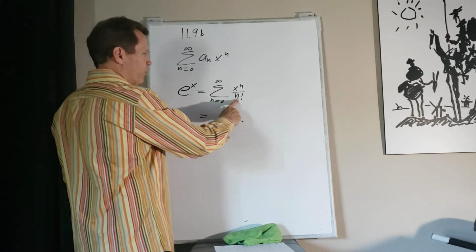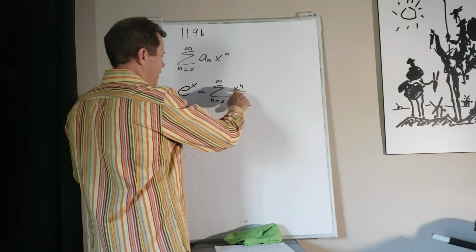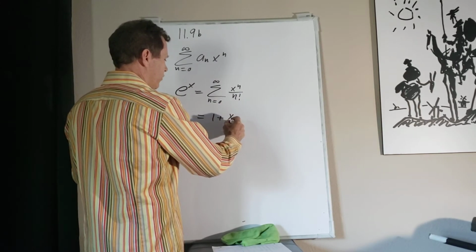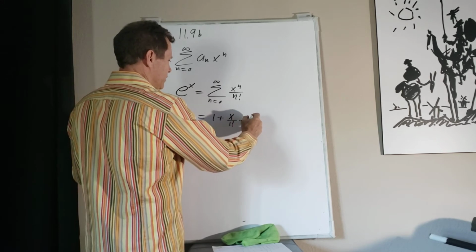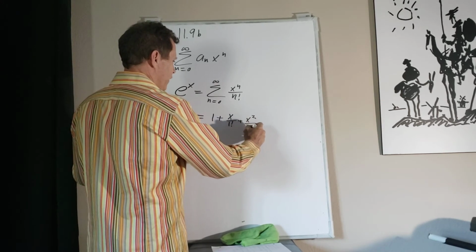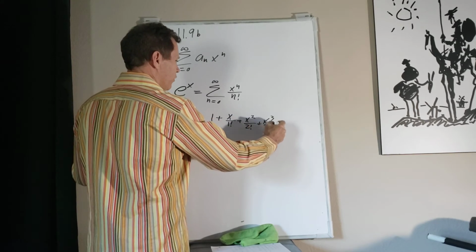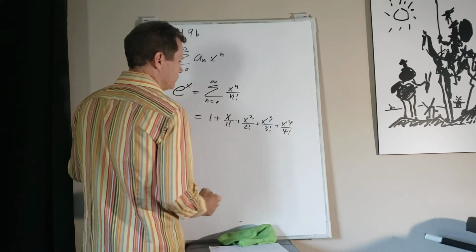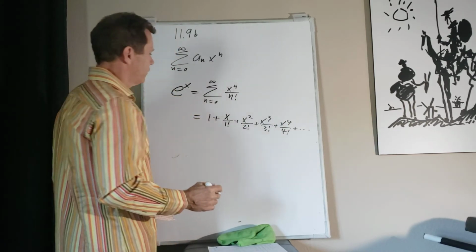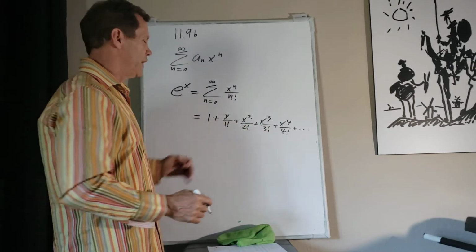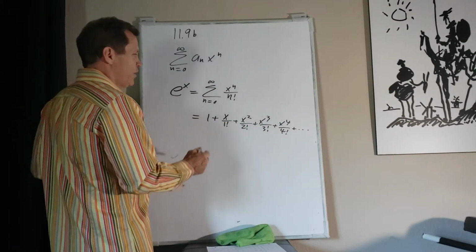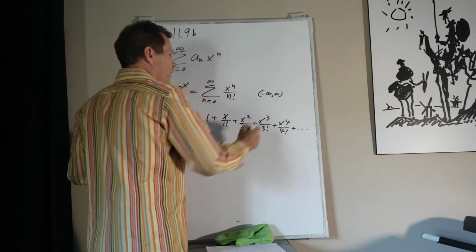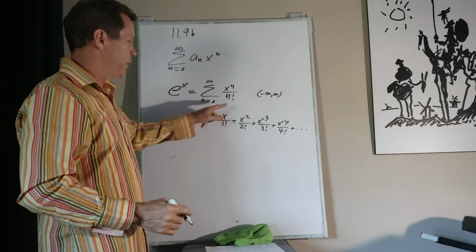Put in a 0. 0 factorial is 1, and x to the 0 is 1, so you get 1 plus x over 1 factorial, and 1 factorial is just 1, plus x squared over 2 factorial, plus x cubed over 3 factorial, plus x to the 4th over 4 factorial, plus it goes on forever. So this thing's equivalent to e to the x. What's nice about this guy, the interval of convergence of this guy, is minus infinity to infinity. So this guy always works.